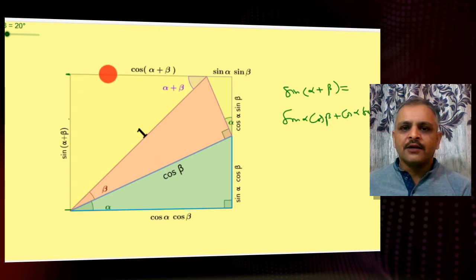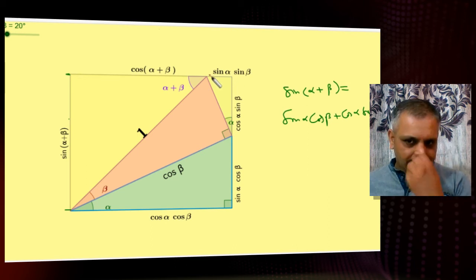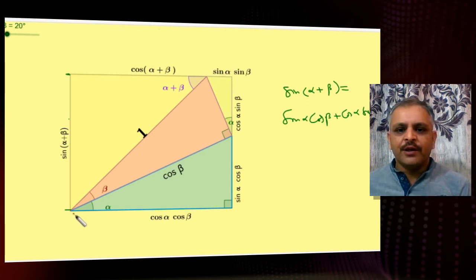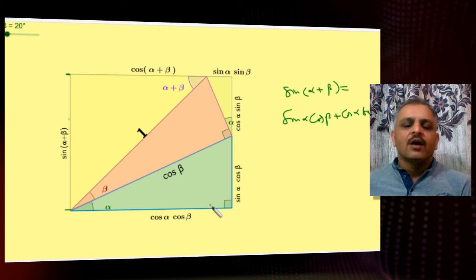Whereas in this part, if you observe this side, cos alpha plus beta plus sine alpha sine beta will be equal to this one.